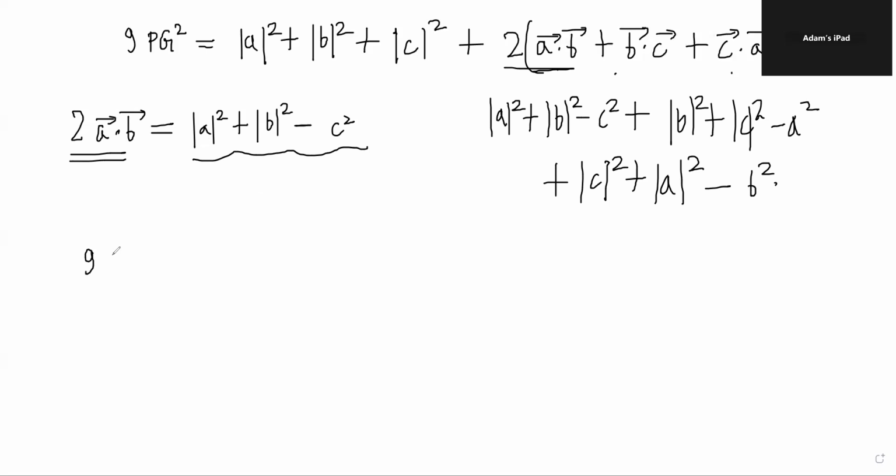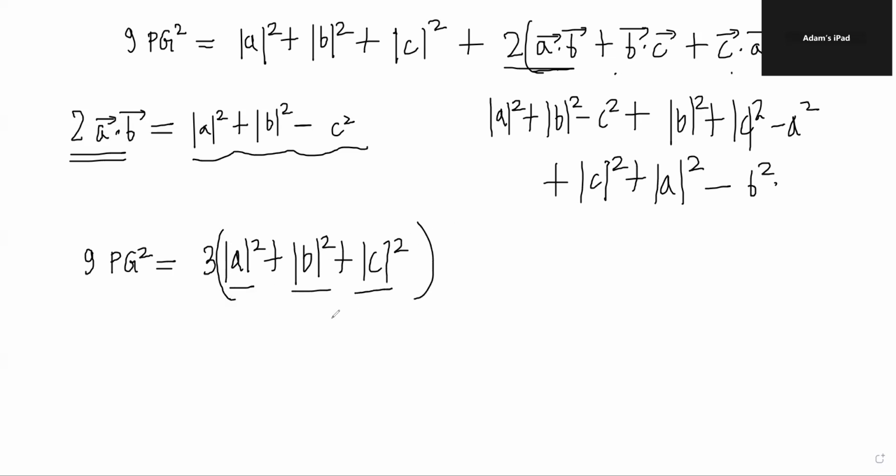So what you will get is 9PG square is equal to, there are two A squares like this coming. So 3A square plus B square plus C square. By the way, these A, B, C refer to PA, PB, PC vector lengths, right?